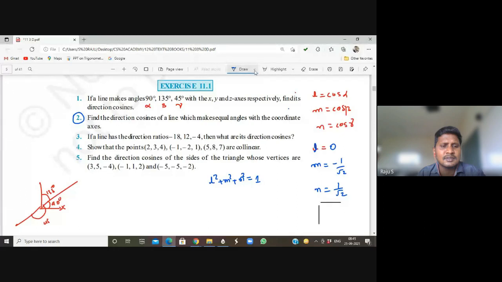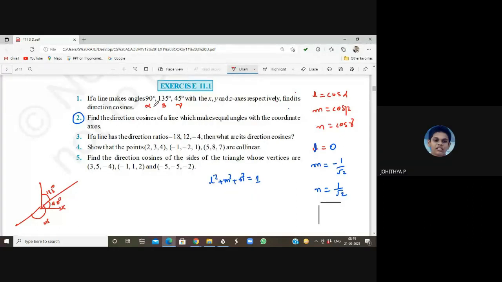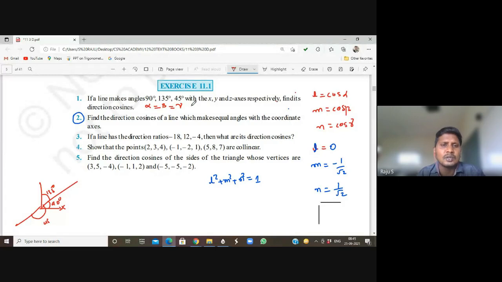Equal angles means alpha should be equal to beta should be equal to gamma. When alpha is equal to beta is equal to gamma, then what about the direction cosines L, M, N values? Cos alpha is equal to cos beta is equal to cos gamma always. Okay, yes or no, students? When all three angles are equal, alpha is equal to beta is equal to gamma, then cos alpha is equal to cos beta is equal to cos gamma.